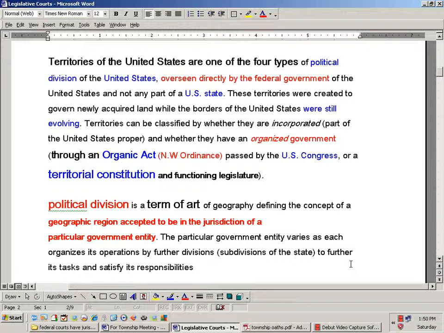Territories can be classified by whether they are incorporated, so they're a part of the United States proper, and whether they have an organized government through an organic act, such as the Northwest Ordinance, passed by U.S. Congress, or a territorial constitution and functioning legislature.